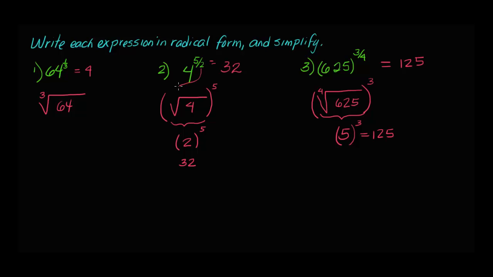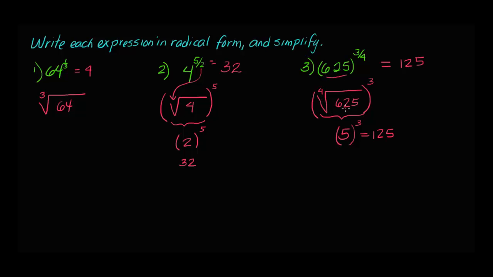The denominator is your index, but remember when this index is square, we don't write it. So that's why you don't see it here. And then the exponent is 5. And then you solve the parentheses first. Square root of 4 is 2, and then raise it to the 5th power. That gives you 32.